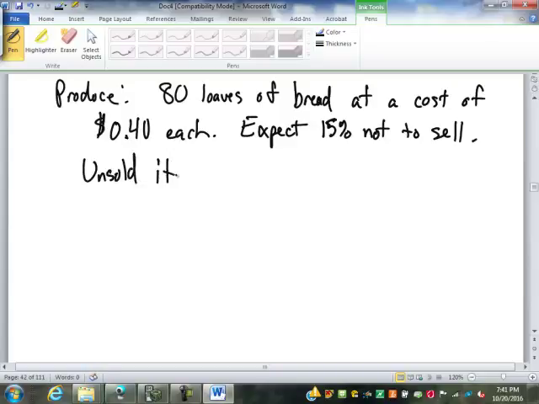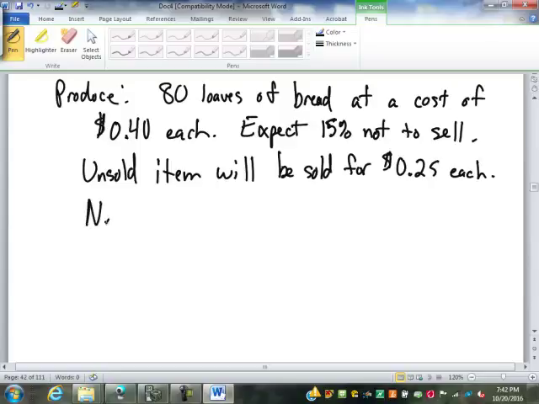Unsold items will be sold for 25 cents each. So either they'll be sold off at like a day old, or people buy them for bear bait and other purposes. You need 60% markup on cost. So find how much you should charge for each of the loaves of bread. I'm going to pause this and let you guys try that.